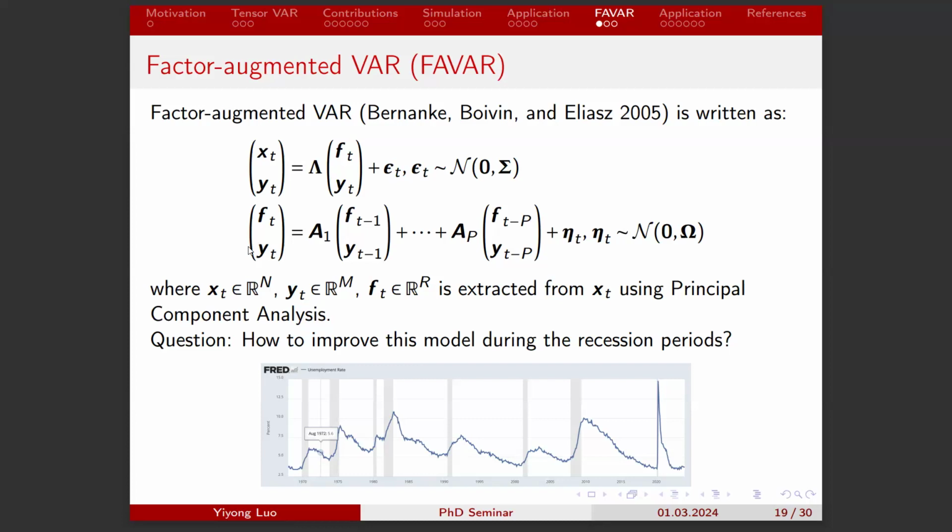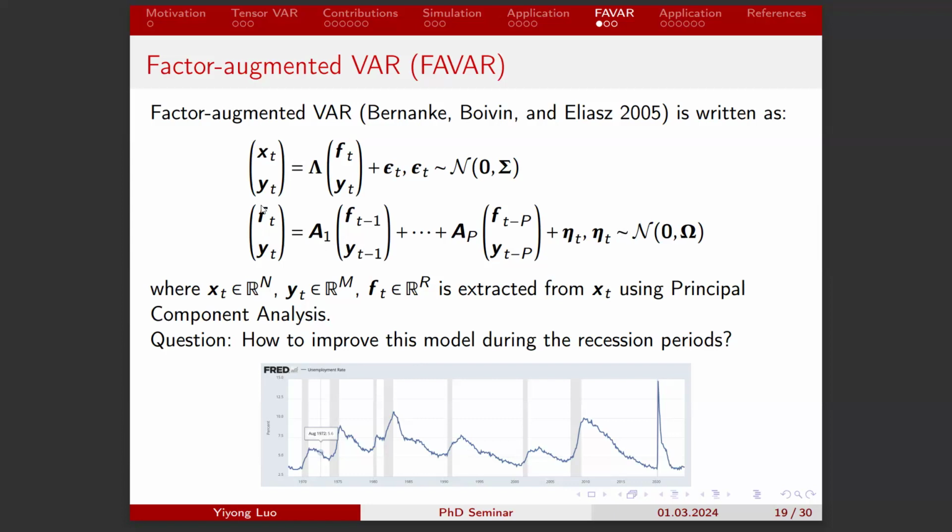But instead of putting all of the observable variables into this VAR structure, we only put a fraction of them, corresponding to this Y_t. And Y_t will have a lower dimension compared to all the observable variables we used in the model. The rest is the factor model, the factors F_t. So the factors also have a low dimension. And by stacking F_t and Y_t, you get a multidimensional structure and use your VAR model to infer them.